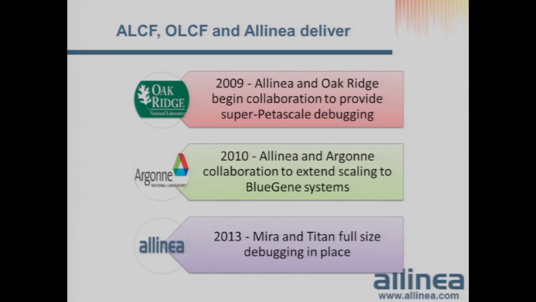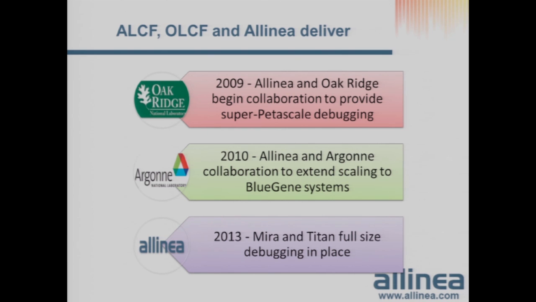So we started with Oak Ridge back in 2009 when Jaguar was in the middle of its procurement, and Oak Ridge basically looked at what was possible in debugging at around that time, 2008, 2009, and debuggers weren't able to go beyond about 4,000 or 5,000 cores.